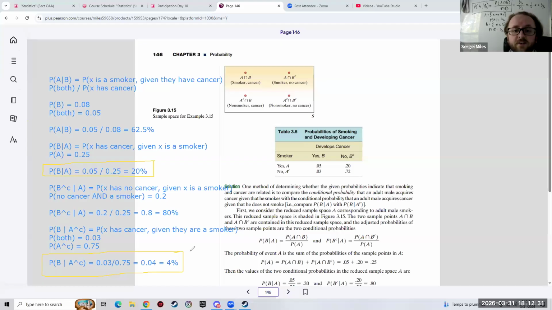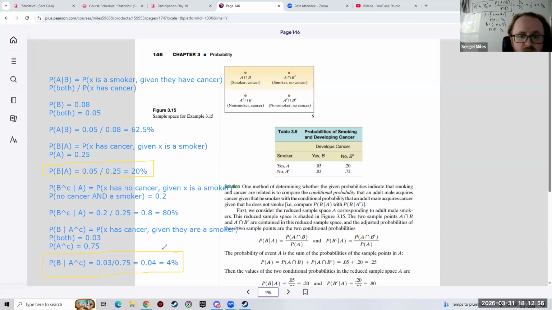In other words, if you do smoke, you are 5 times more likely than a non-smoker to develop cancer. That's a huge difference. Even though this is 20%, that's much more likely to happen than a 4% chance.